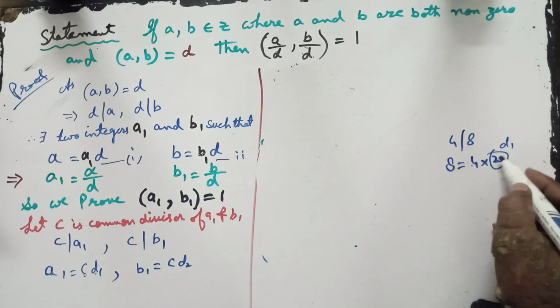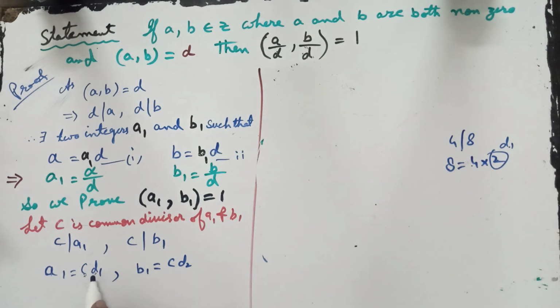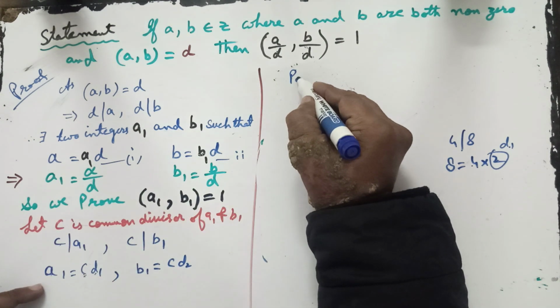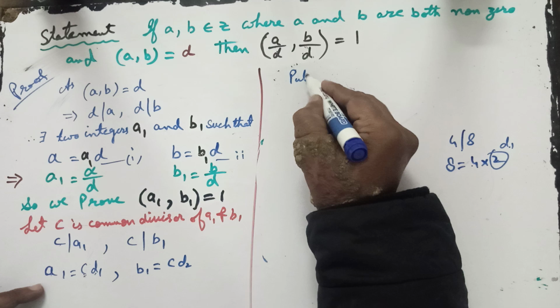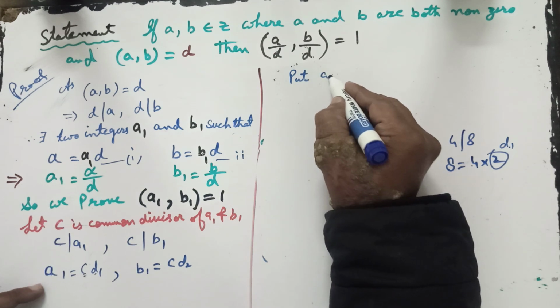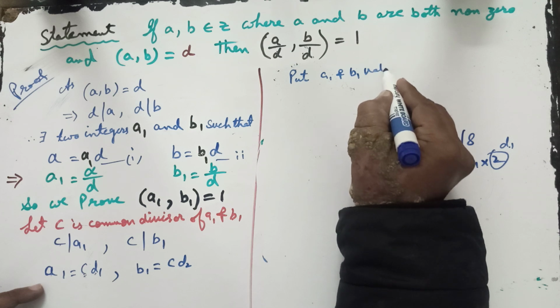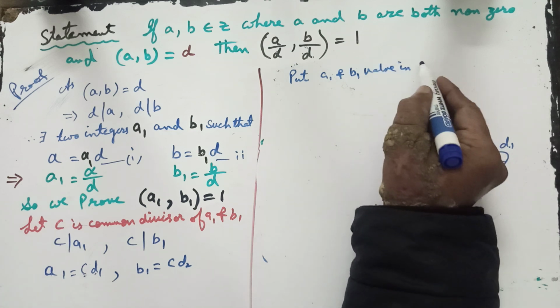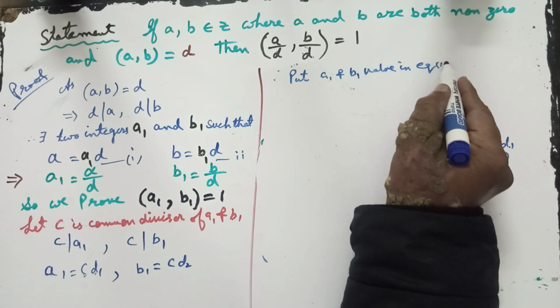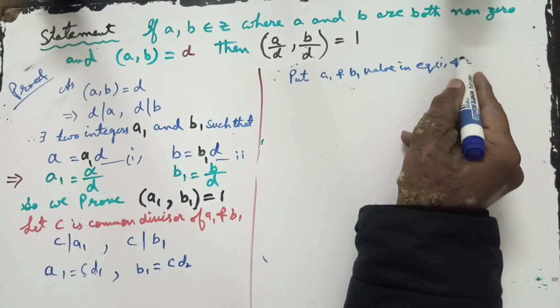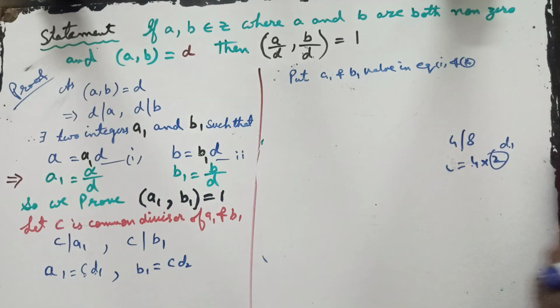I give this number the name d1. Just like that, b1 can be written as c times d2. Now I put the a1 and b1 values in equations 1 and 2.